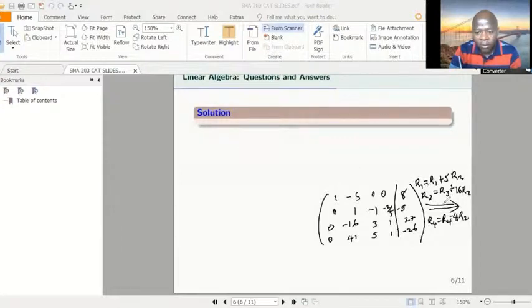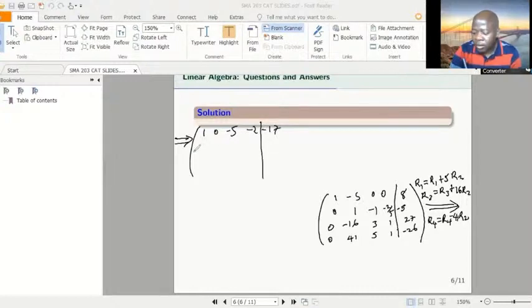Now, I want to do these row operations. Let me just write the result. Of course, you can do that. So the first row, when I do that, I get 1, 0, negative 5, negative 2, negative 17.